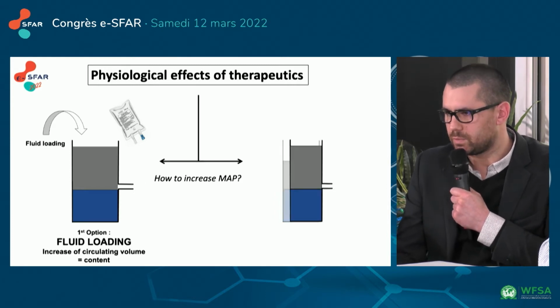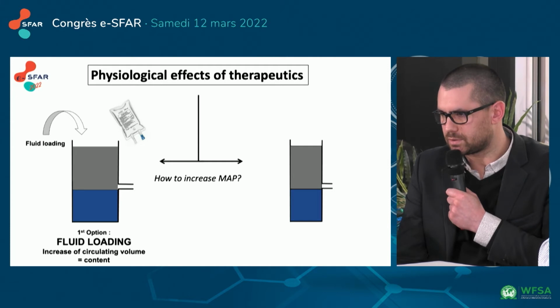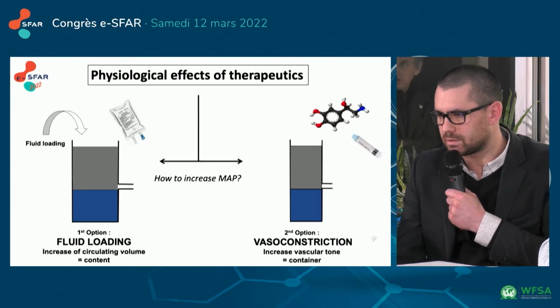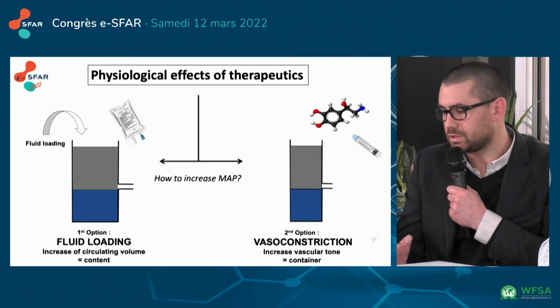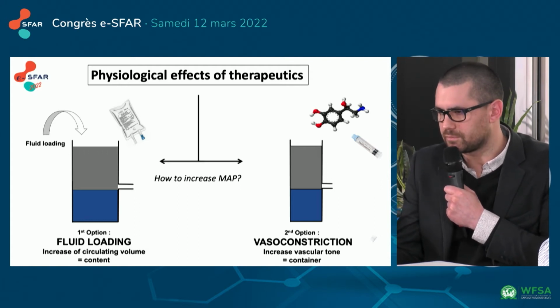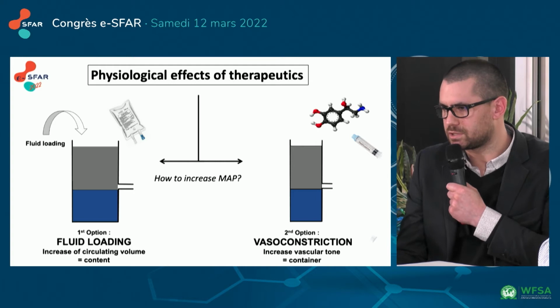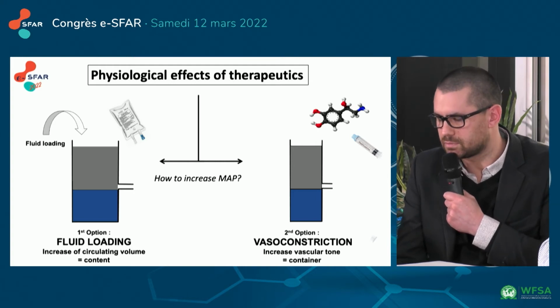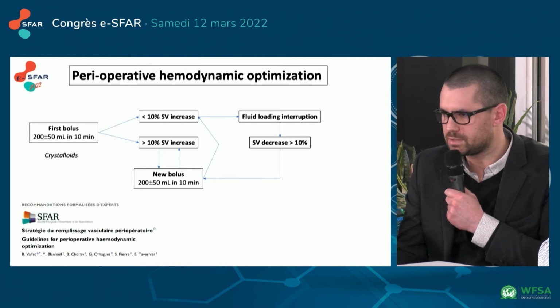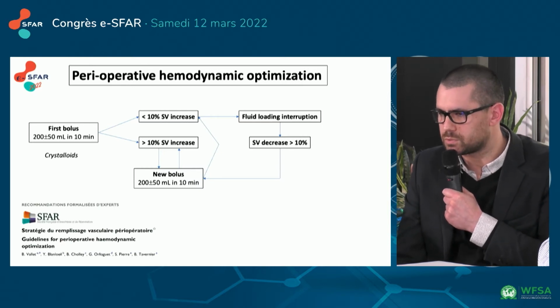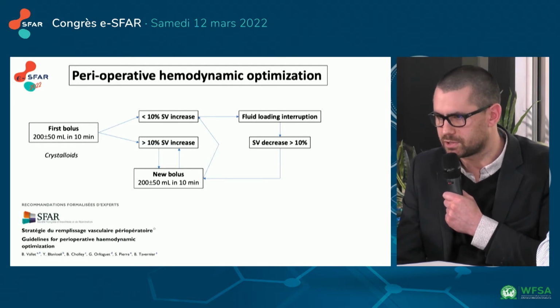On the other side, when you change the vascular tone by adding vasoconstrictors, vasopressors, you can change the same mean filling pressure by changing the container, the vessels.